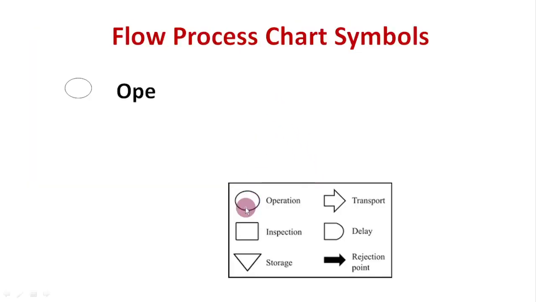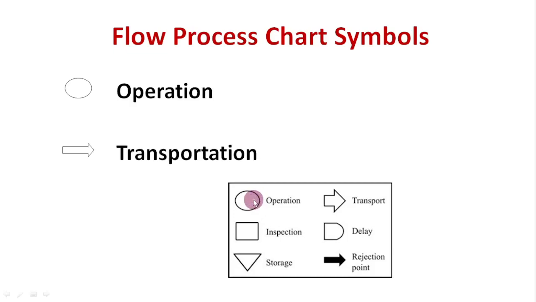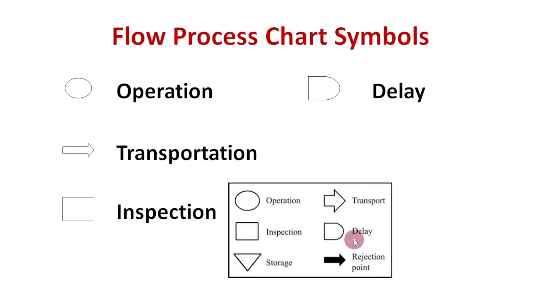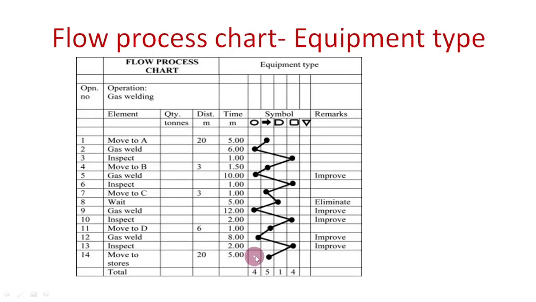The symbols are: a circle for the operation, a hollow arrow for transportation, a square for inspection, D for delay, and an inverted triangle for storage purpose.